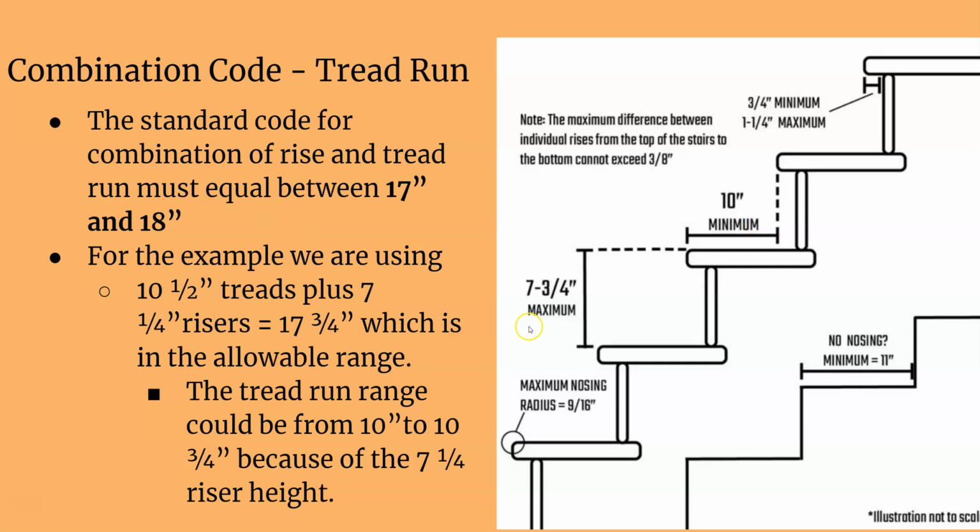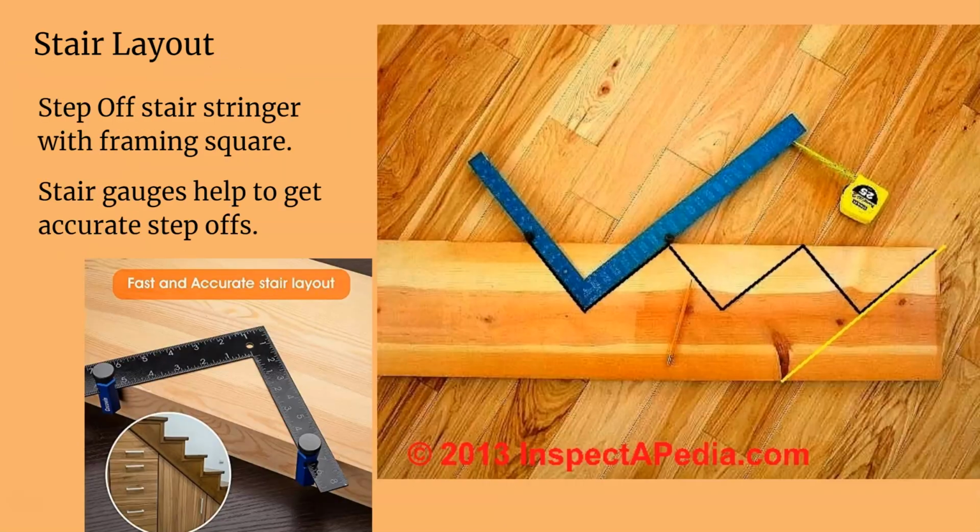That's an allowable range. If this was 7 3/4 and this was 11, then it's a little bit out of our range. So it's just a combination. This is a rule of thumb, and definitely something on the NOCTI test that they ask about. But if you just stay between 7 and 8 for your rise and 10 to 11 for your tread width, you'll be good.